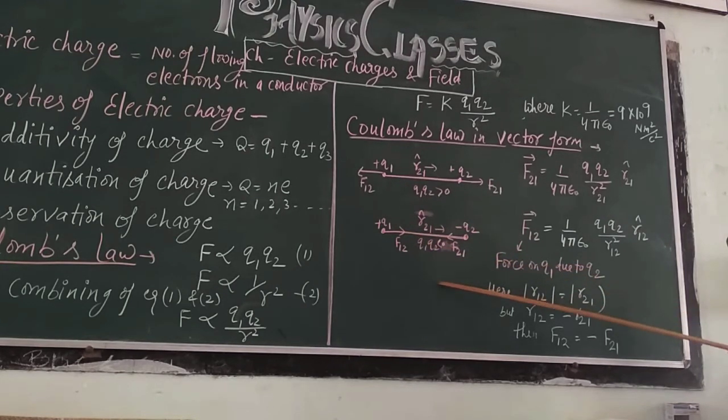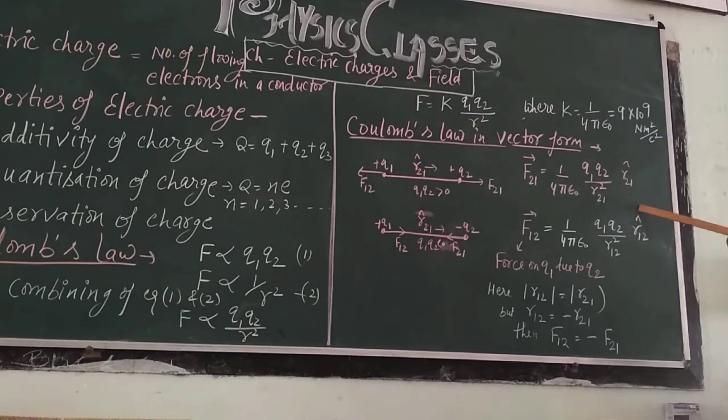This arrow direction of the force shows the attractive nature. Then F12, the force on q1 due to q2, is equal to 1 upon 4 pi epsilon naught q1 q2 upon r12 squared, into r12 cap.